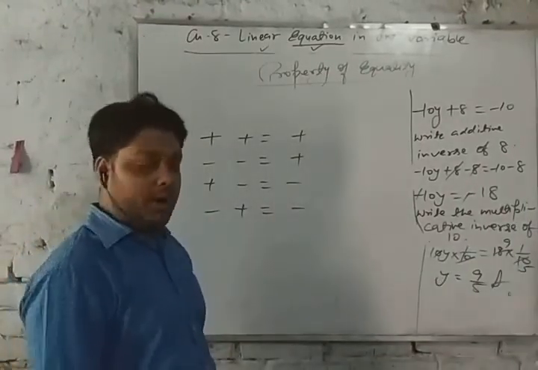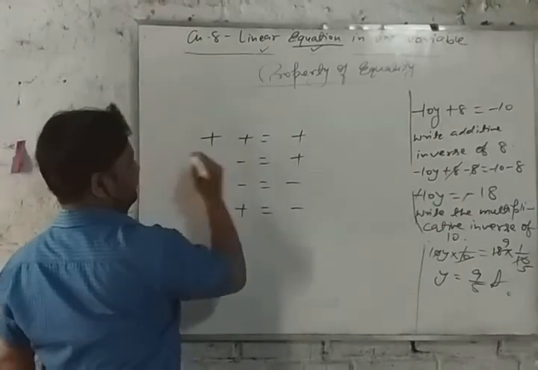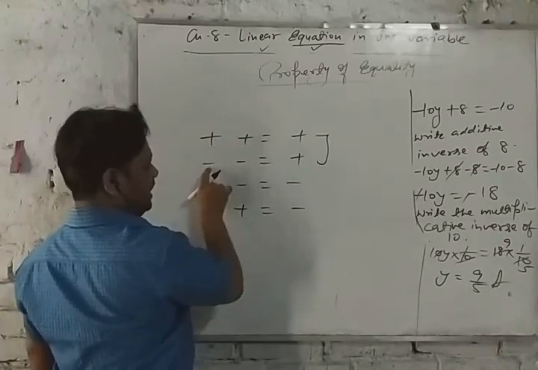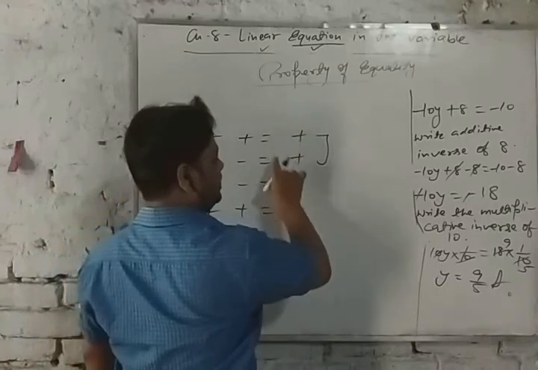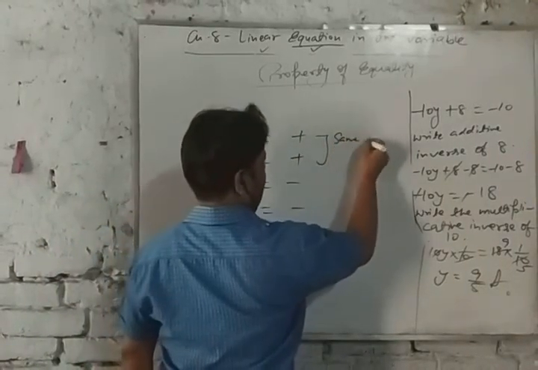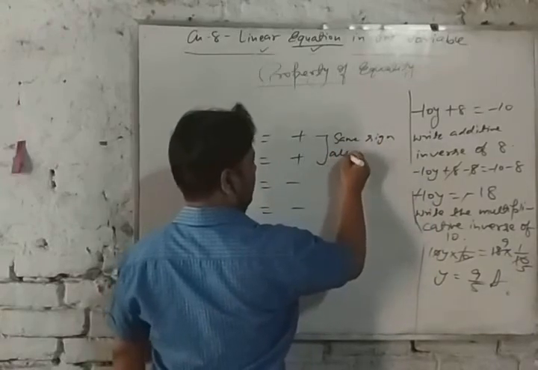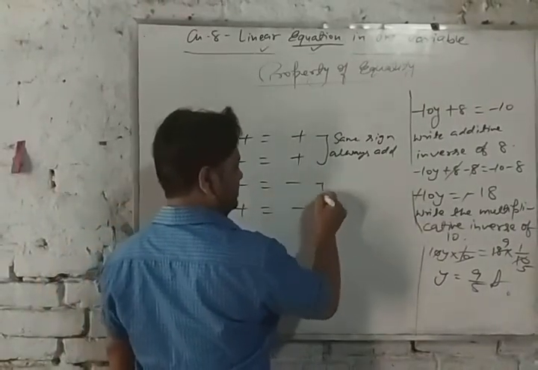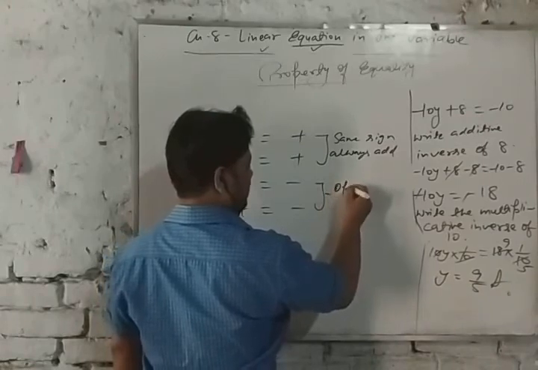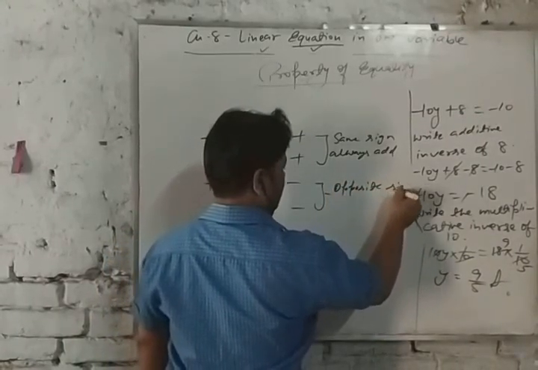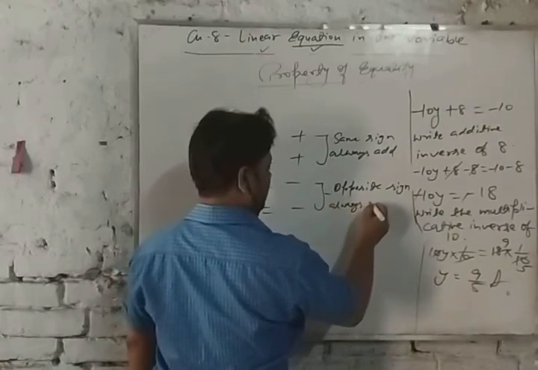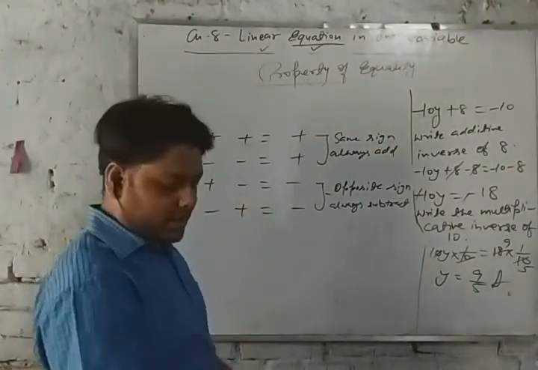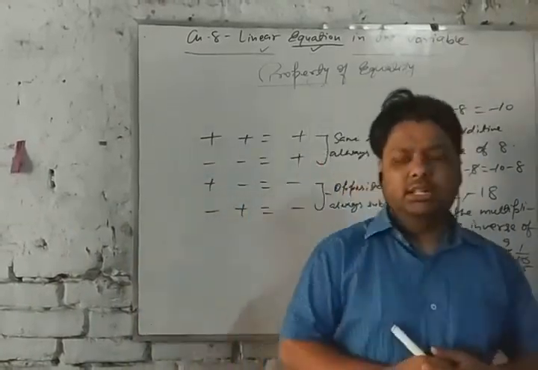Okay, we all know, but always keep in mind, if there is the same sign, here you can see the same sign plus plus, here also the same sign, then for the same sign we always add, and for the opposite sign we always subtract.